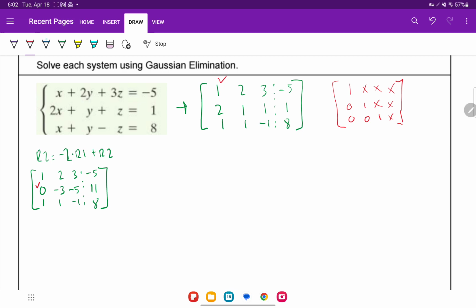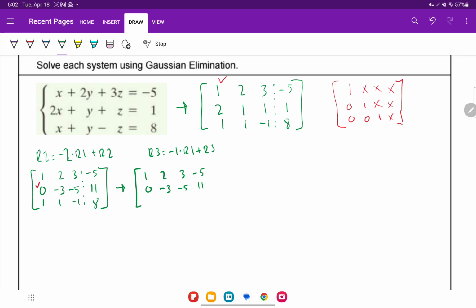Next thing, we're going to use row 1 to get rid of that 1 in row 3. So the way I would do that is row 3 equals, I would multiply row 1 by -1 and then add it to row 3. So row 1 did not change. Row 2 doesn't change.